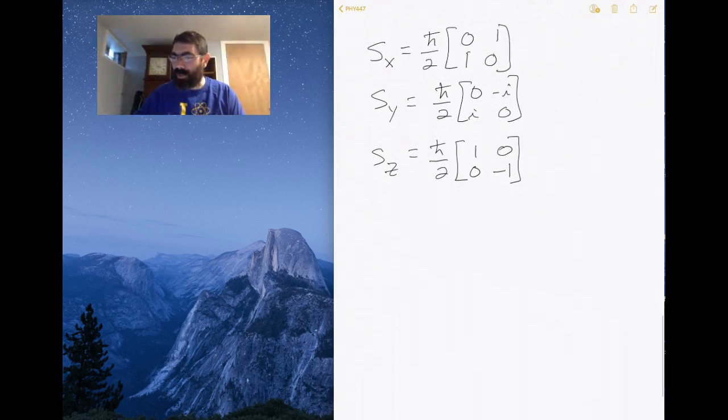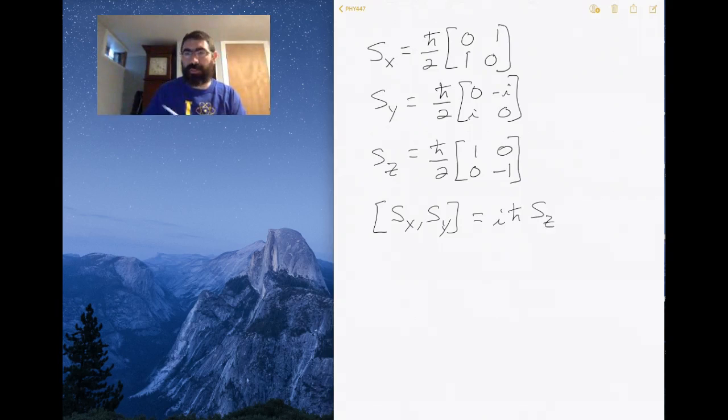So let's just take a look at our choice here of spin operators, and let's apply it to this commutation relation, the commutator of Sx and Sy. It should give me i h bar Sz. So let's work it out.